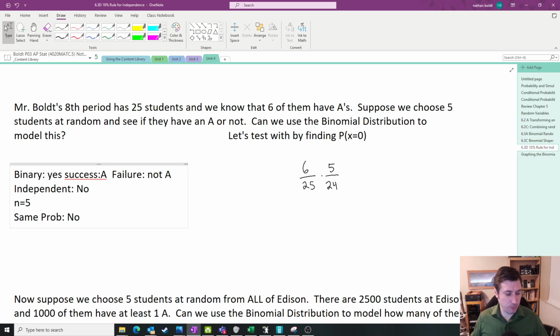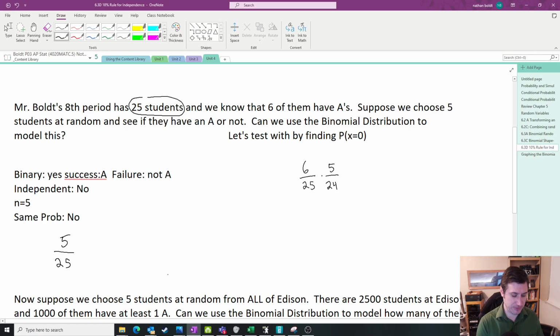The rule says we're allowed to fudge this issue if our sample is less than 10%. So my sample is n equals 5. The population here is my 25 students. 5 out of 25. Is that less than 10%?